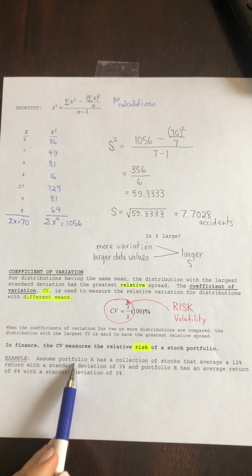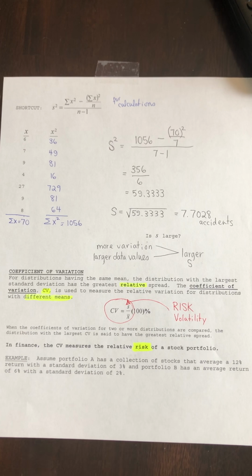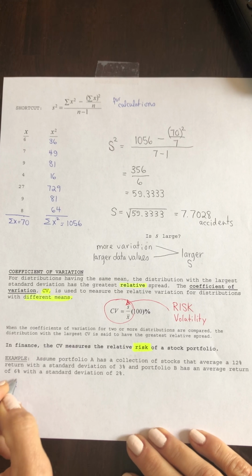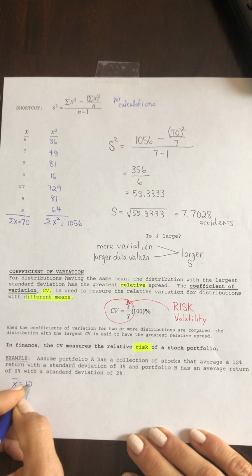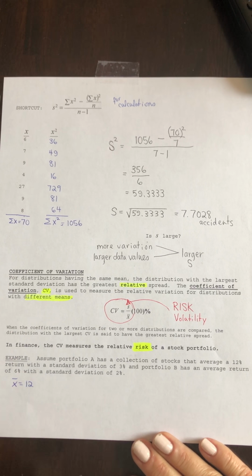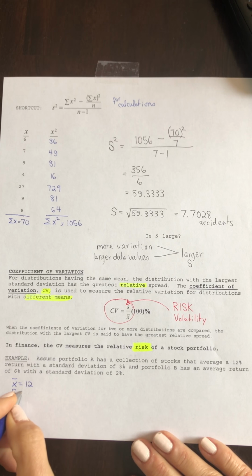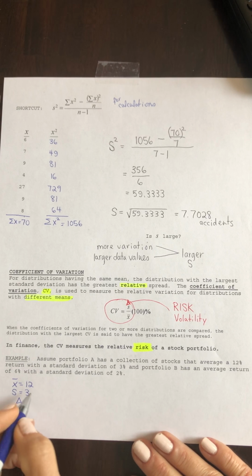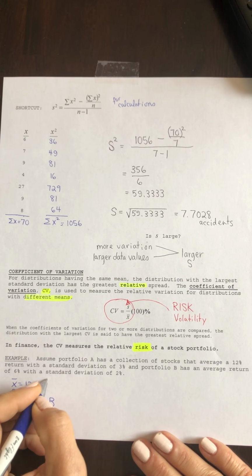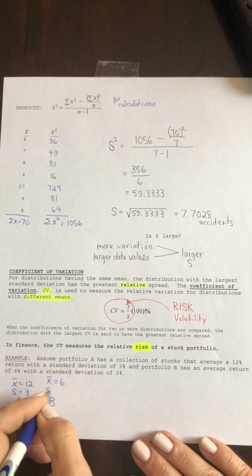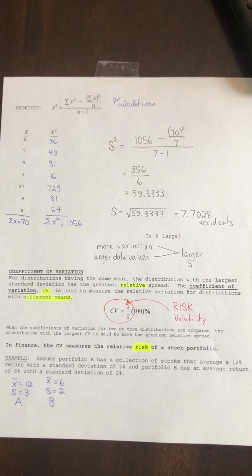So let's do an example. Assume portfolio A has a collection of stocks that average a 12% return. We actually don't need the percentages because they're going to cancel. The mean is 12 with a standard deviation of 3. That's for portfolio A. Portfolio B, on the other hand, has a mean of 6% and a standard deviation of 2%.